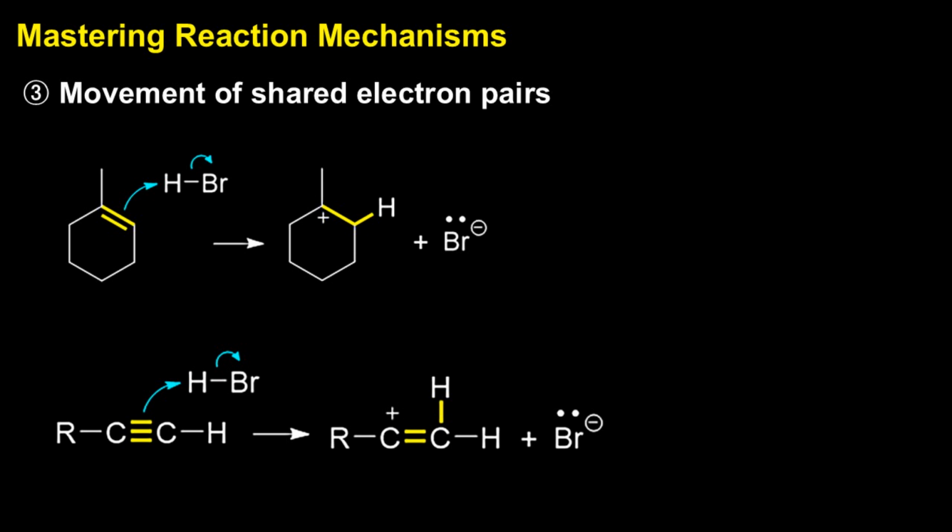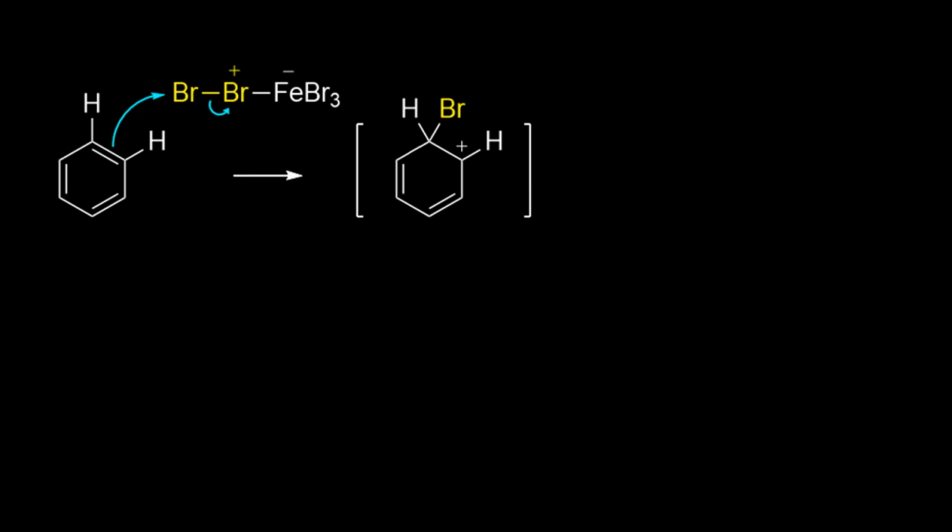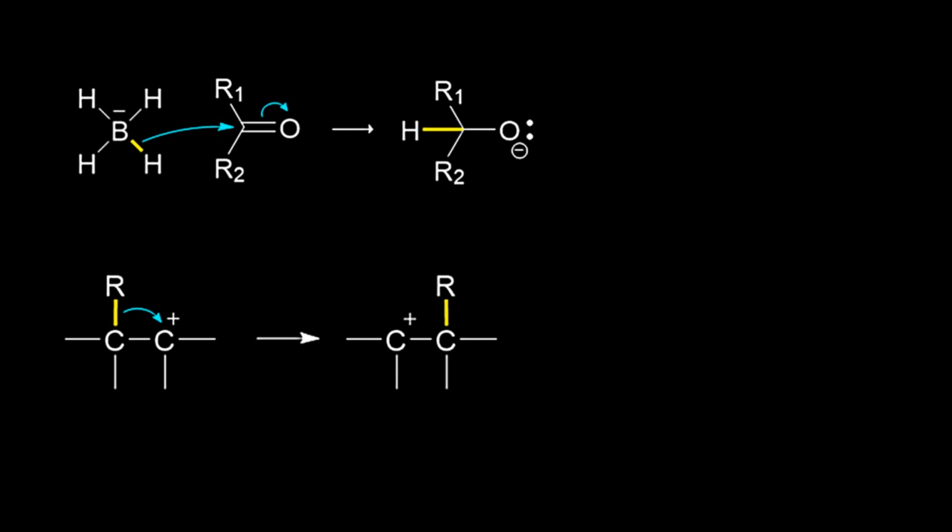The same idea applies to alkyne additions too, though the reaction conditions and the final products can be a bit different. Benzene goes through electrophilic aromatic substitution, where bromine, activated by FeBr3, reacts with the ring. But the movement of electron pairs isn't just something you see in substitution reactions. It shows up in all kinds of mechanisms.